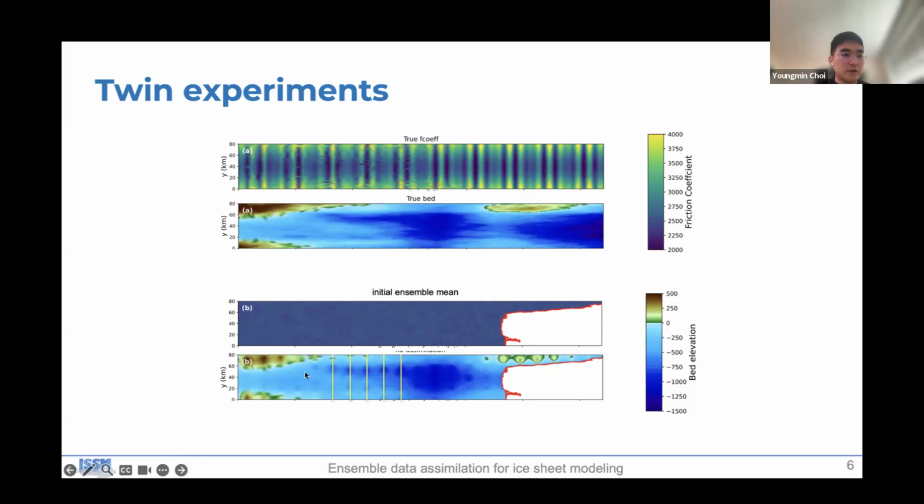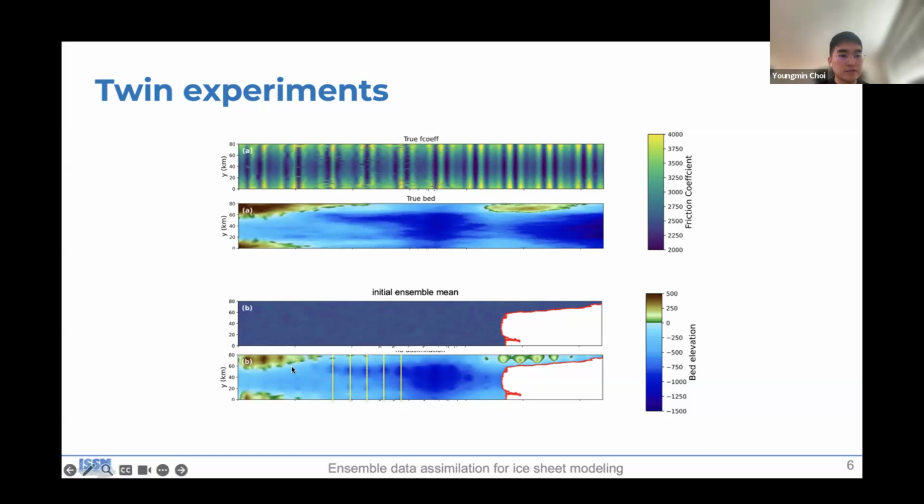And for bed topography, we assume that we have radar measurements of the bed topography along these tracks, shown in yellow here, which are perpendicular to ice flow every 30 kilometers. So we generate a conditional random field of the bed topography, prescribing these measurements and a covariance model also.